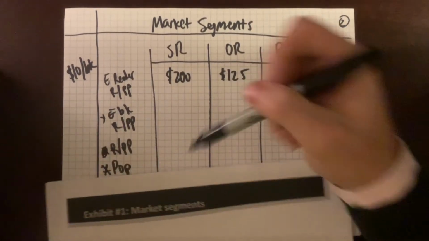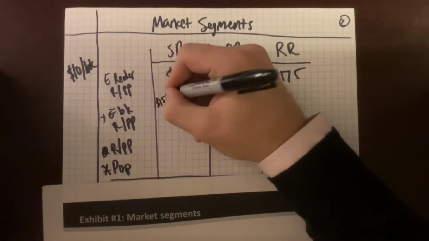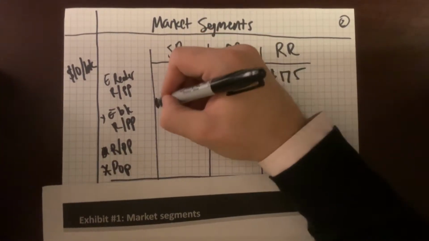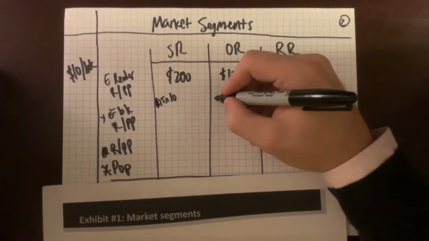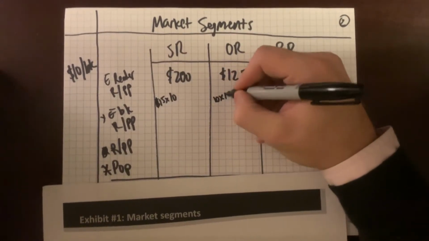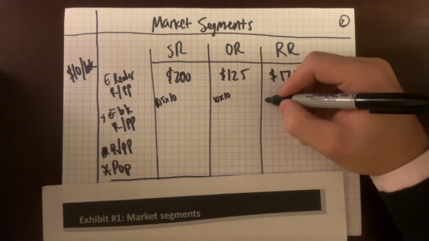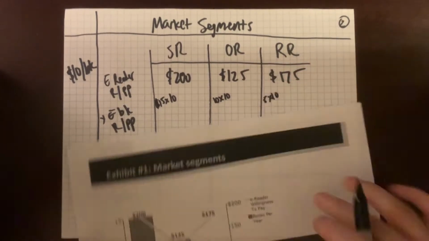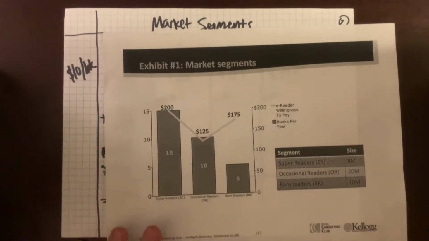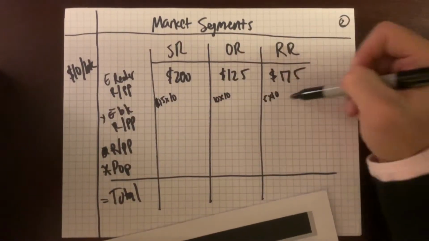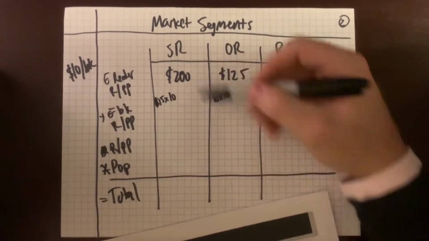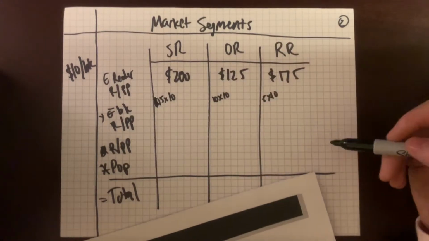and I just found out that there was $10 a person. So I can do 15 times 10. I can do 10 times 10, and I can do 5 times 10. Those are the different number of books per year. And I wrote that in kind of like a small way because that's not really a number I'm going to add up going down, but I just wrote that kind of on the side there.